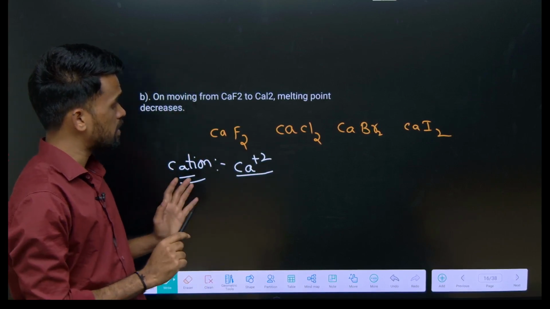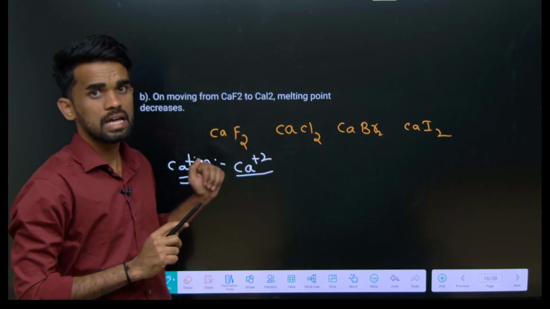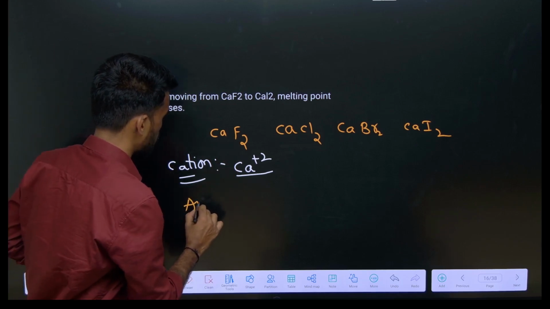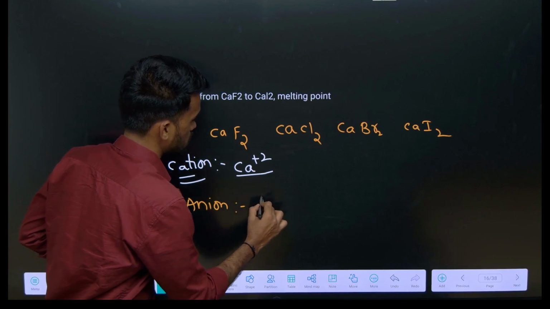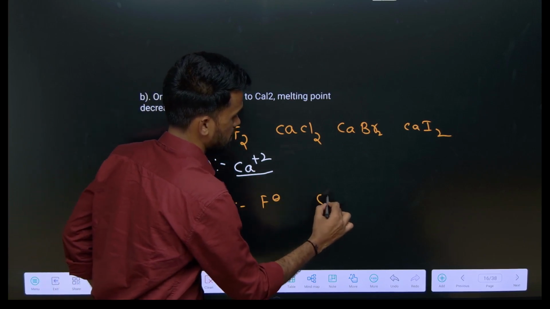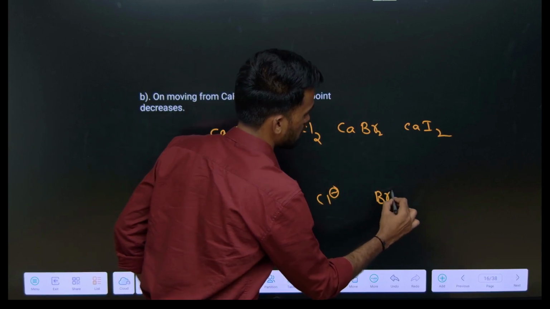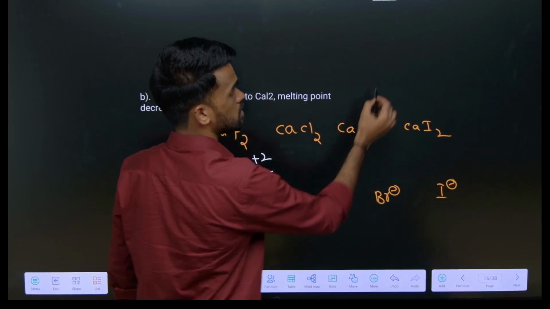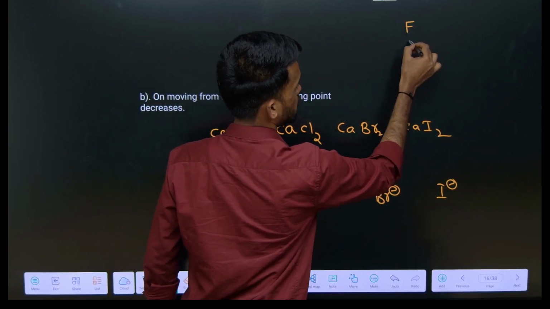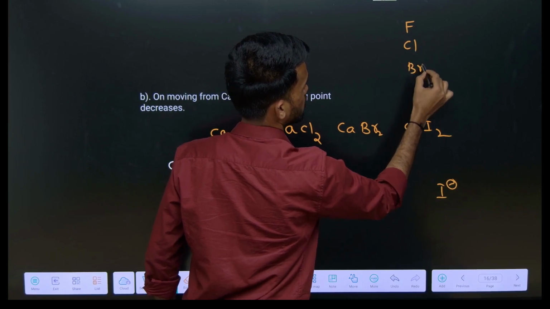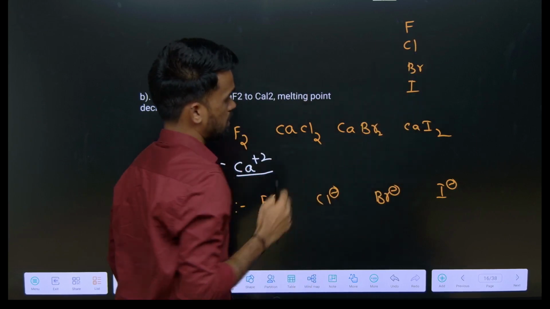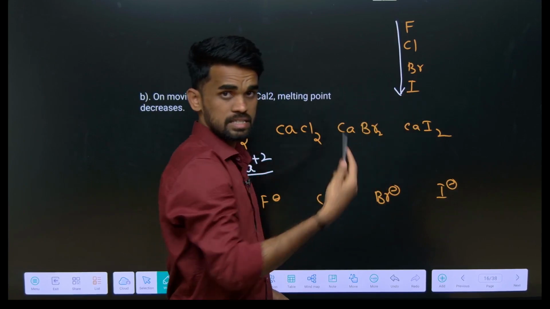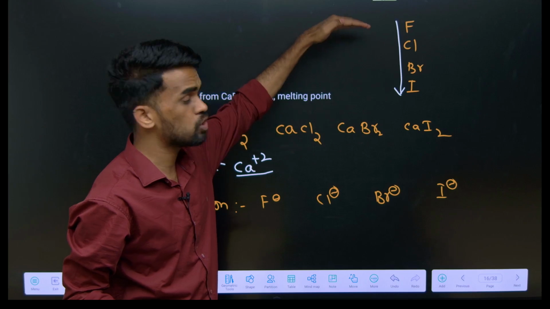So we cannot decide which has more covalent nature and which has less with respect to the cation. But with respect to the anion, here it is F minus, here Cl minus, here Br minus, and here iodide ion. We know these ions are halogens, the elements F, Cl, Br and I in the periodic table. Down the group, the size of the halogens increases.